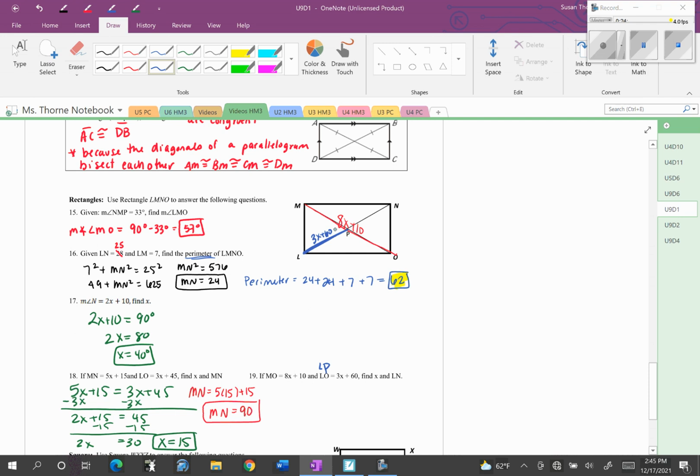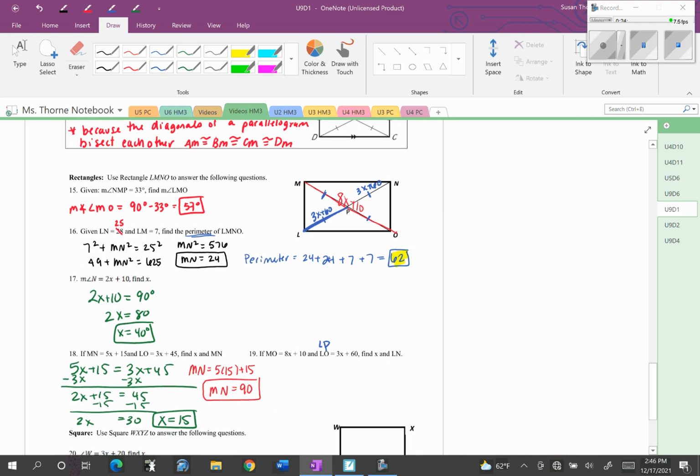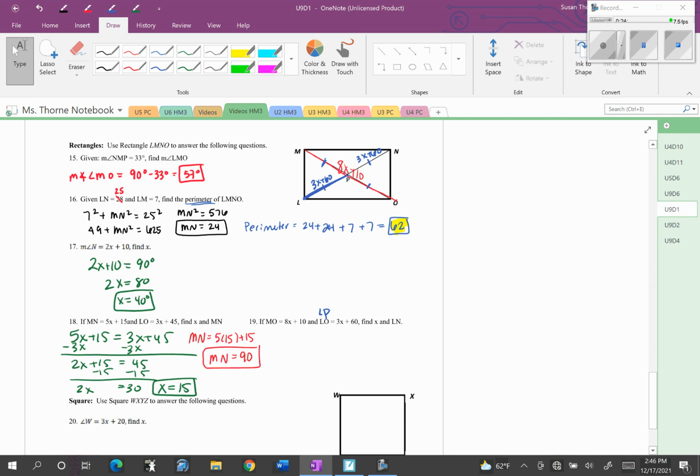Okay, so we know that these lengths are all equal to each other. So what we could do, since we know those lengths are all equal to each other, this is also 3x plus 60 over here. So you have two of them. So you really have 3x plus 60, and 3x plus 60 equals 8x plus 10. So when we solve, we're going to do 8x plus 10 equals 2 times 3x plus 60.